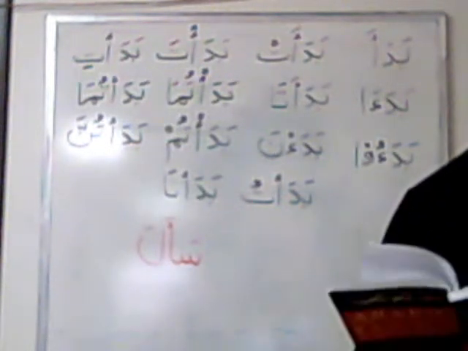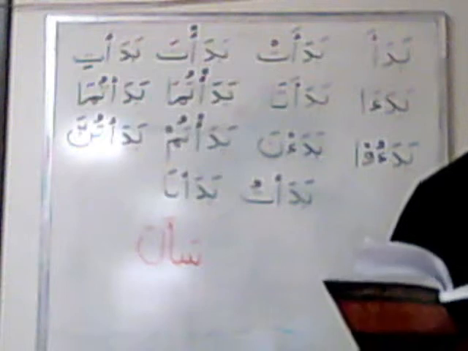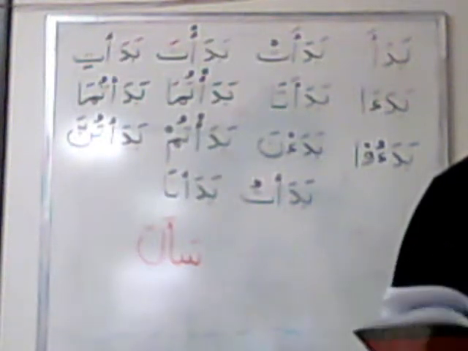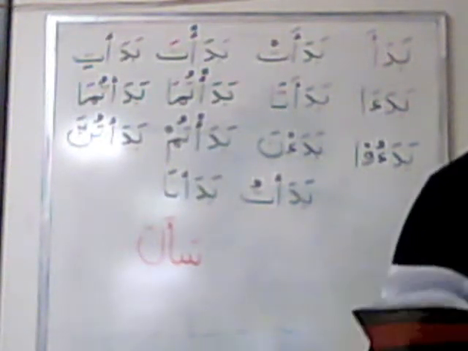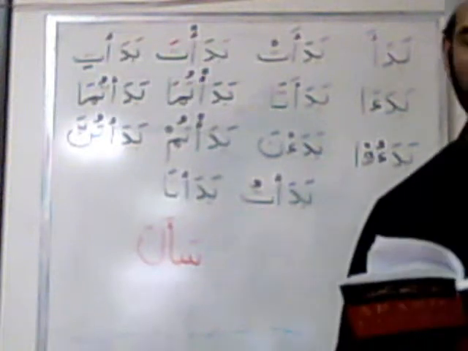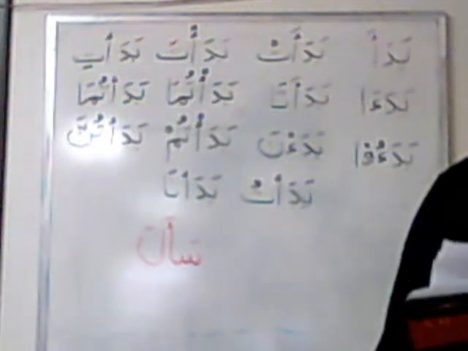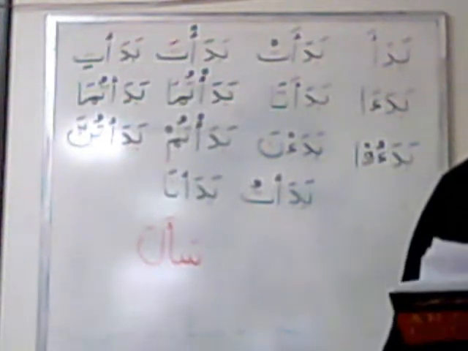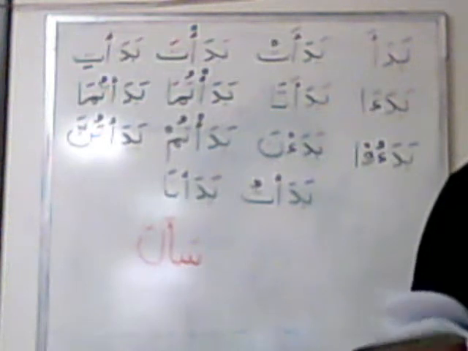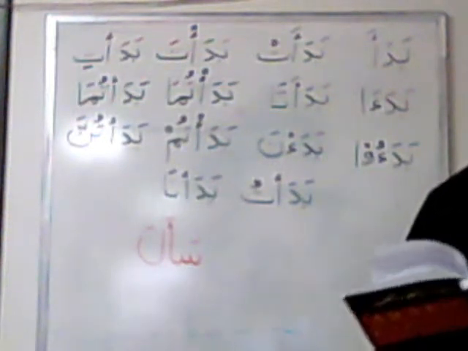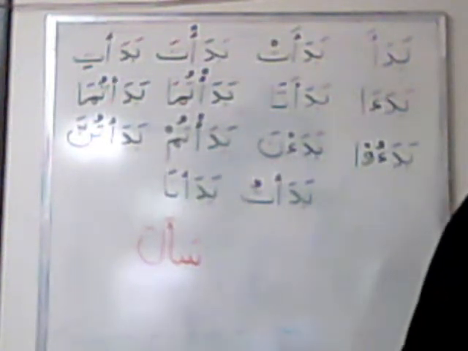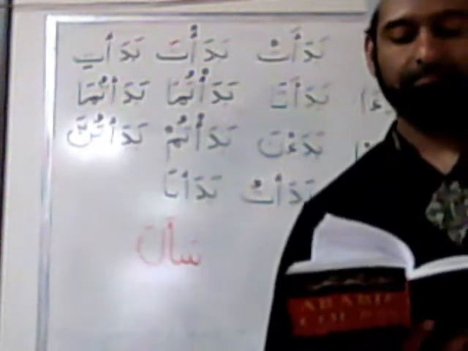So bint would be majrur because of the li before it, even though it is mudaf. And then mudaf ilayhi will also be kasr. And there's no al in bint because it is mudaf, and there's al in fallah. Yes, exactly.